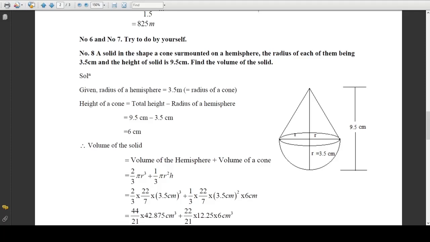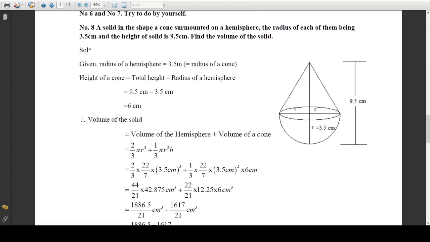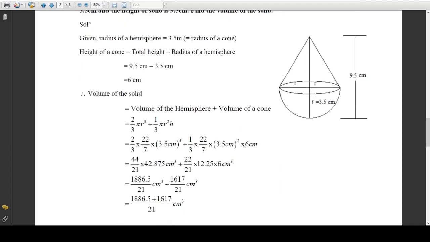Volume of the hemisphere is given by this formula, 2 by 3 pi r cubed. Volume of the cone is 1 by 3 pi r square h. Now just substitute the values of pi, r and h in these formulas. You will get the volume of the solid.